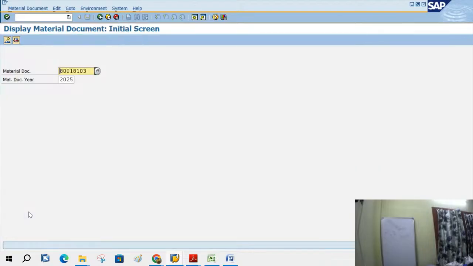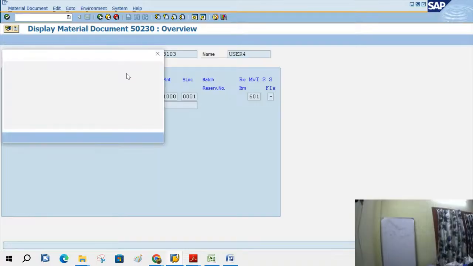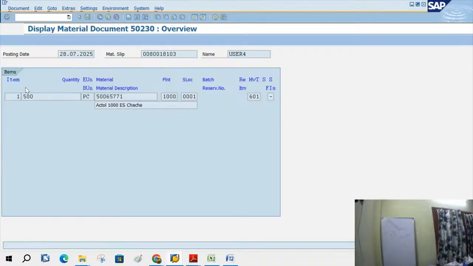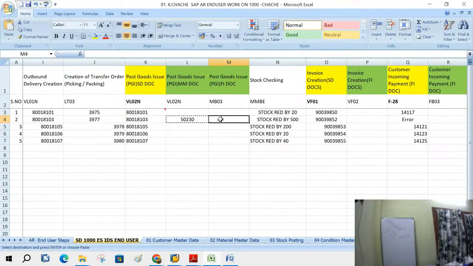MB03, and then you see the accounting document. What is the accounting document it has generated? 490202, correct? So this is your SD document type LF, 800 18103, correct?